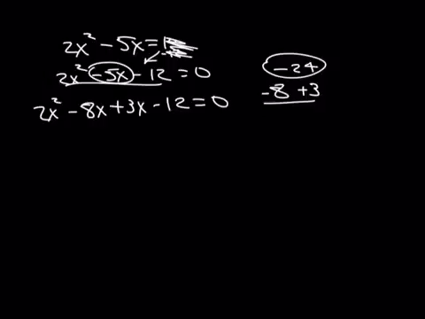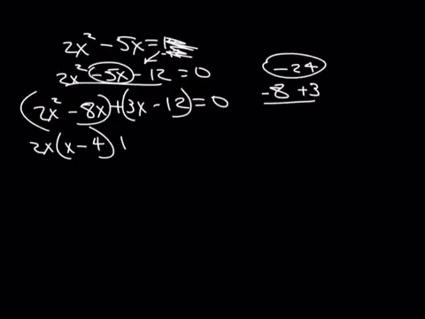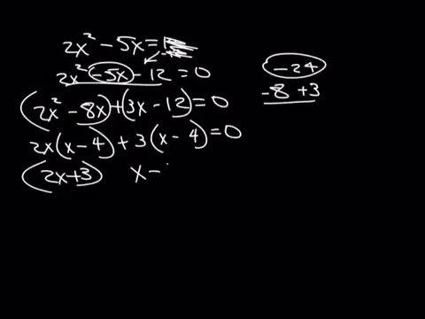All right, and then we group. And then we take out a 2x, and I'm left with an x minus 4. Take out a 3, and I'm left with an x minus 4 equals 0. And then I've got a 2x plus 3 and an x minus 4 equals 0.